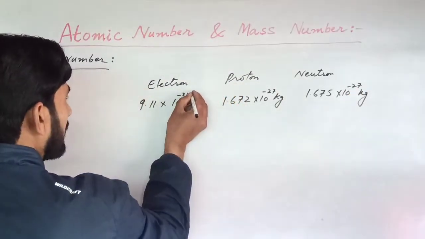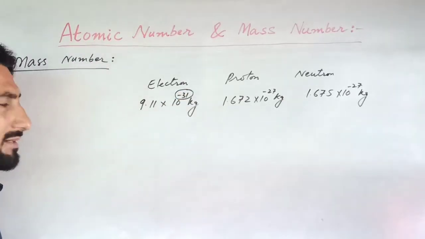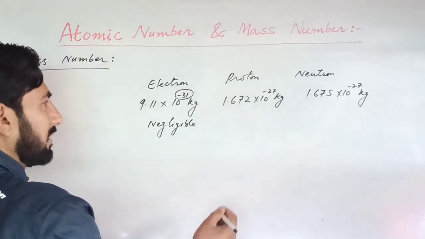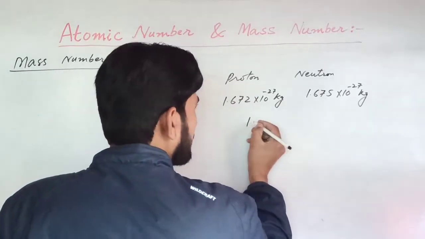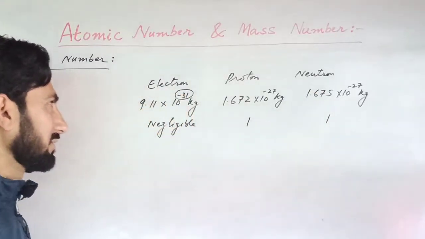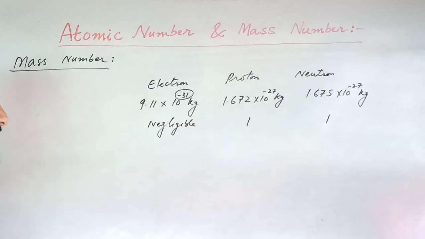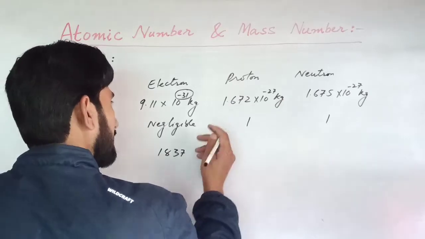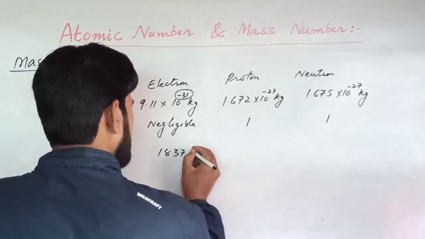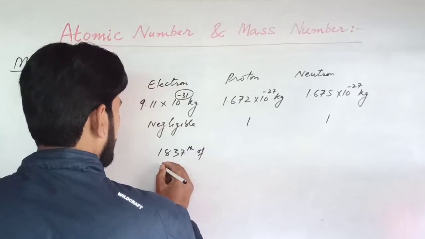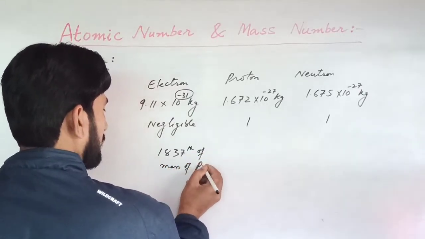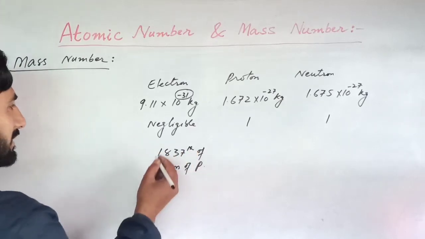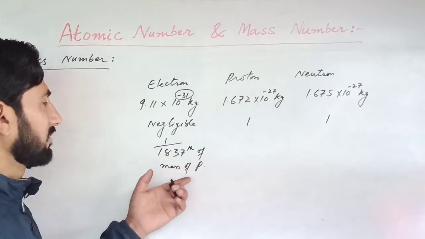Here the mass of the electron is negligibly small. Mass of proton is relatively 1 unit and mass of the neutron is relatively 1 unit, since the mass of the electron is about 1/1837 of the mass of the proton.